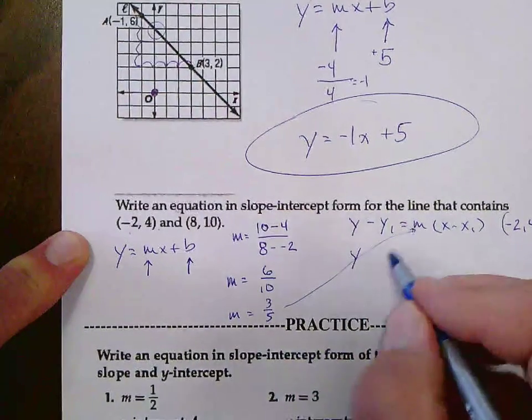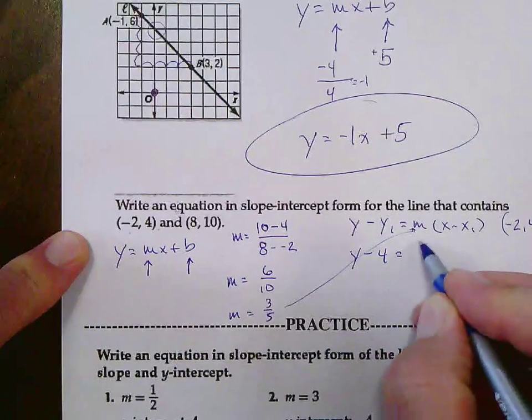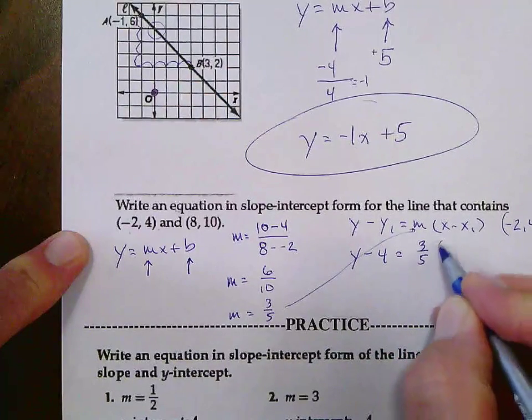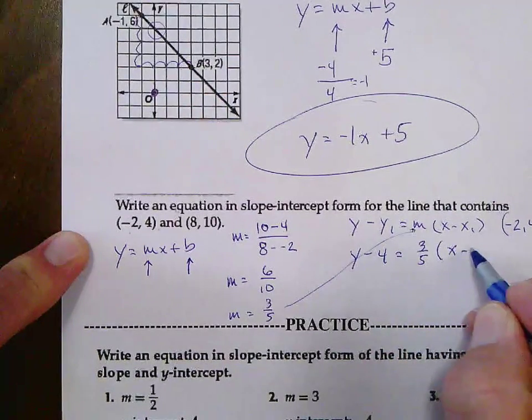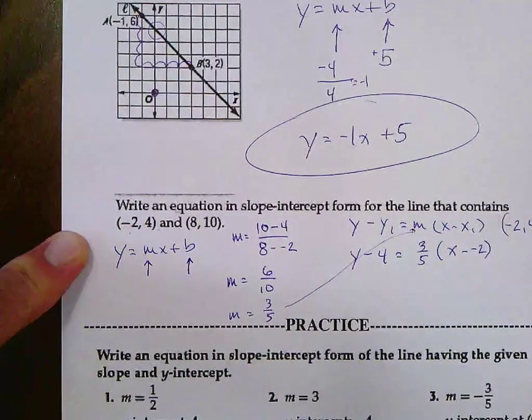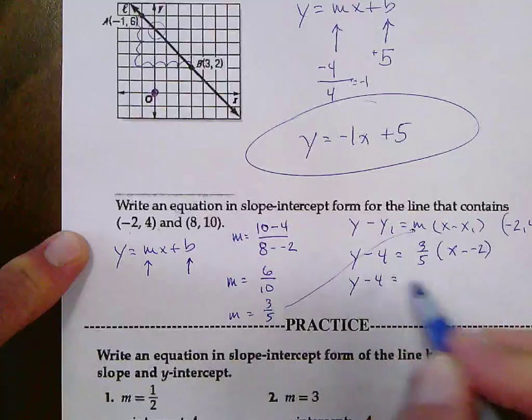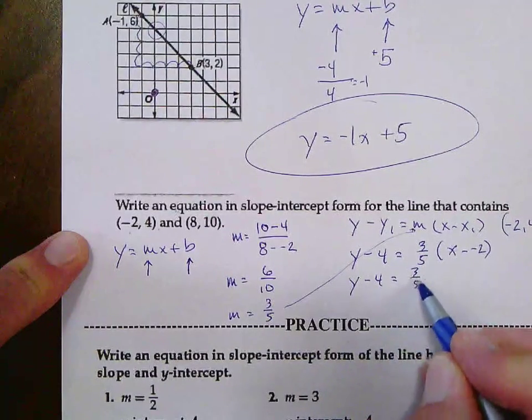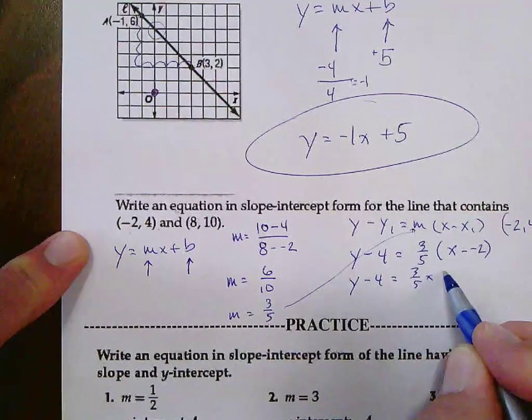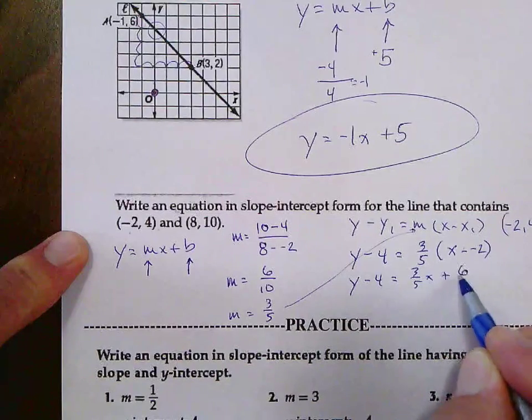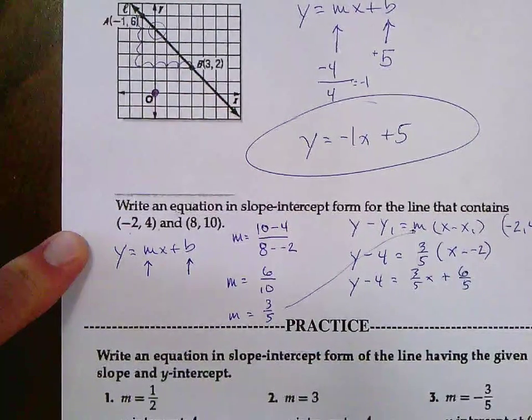Y minus 4 equals 3/5 times x minus negative 2. I'll distribute the 3/5 and I'll change my sign to positive. So it's 3/5 x plus 6/5. I just did 3/5 times 2.